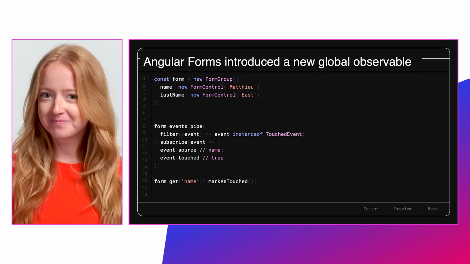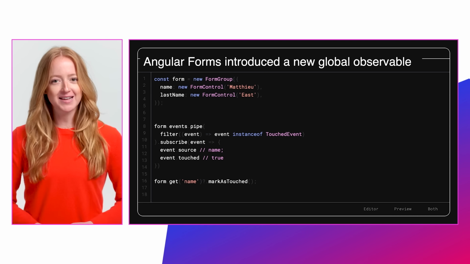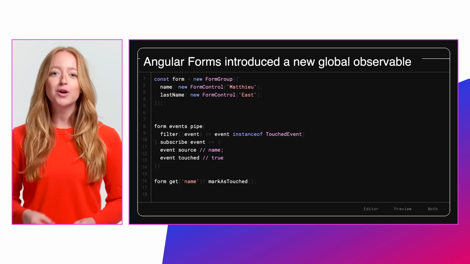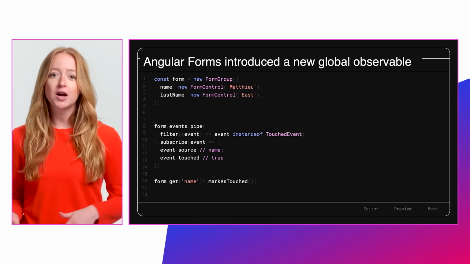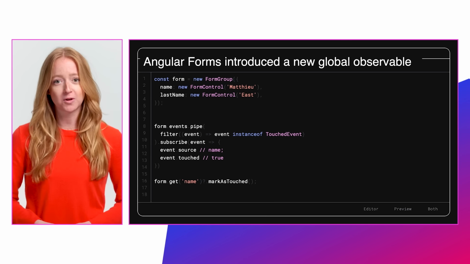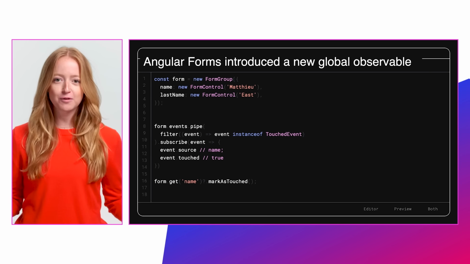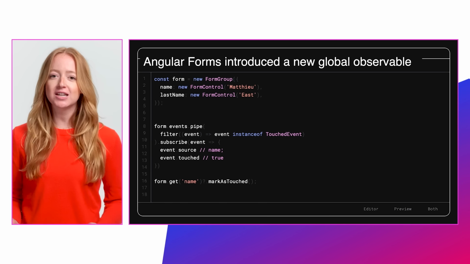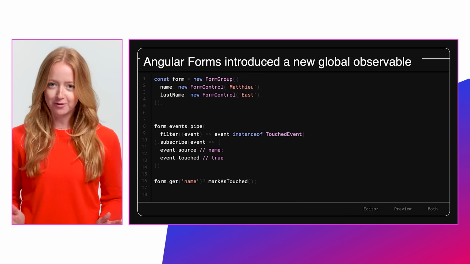And what's that? We've closed our number one most upvoted feature request on GitHub. Angular Forms introduced a new global observable you can subscribe to track changes around any abstract control and its children. You can now track all kinds of events like touched, dirty, etc., in addition to value and status, all through a single observable.